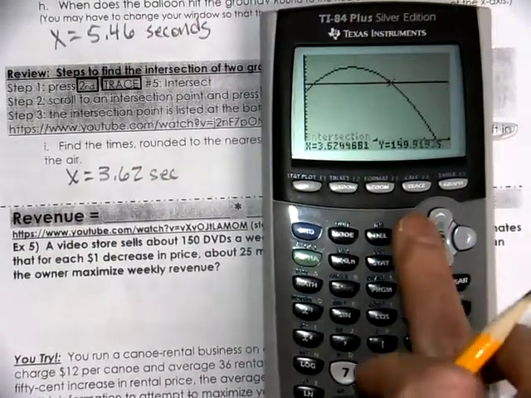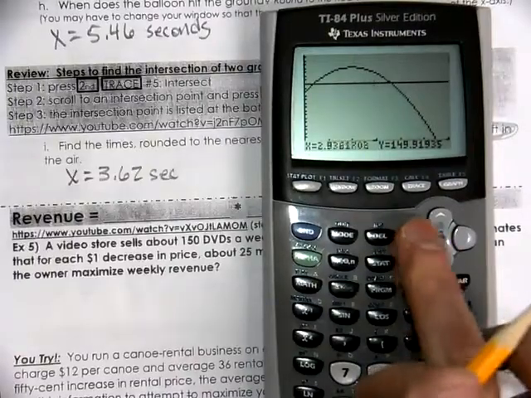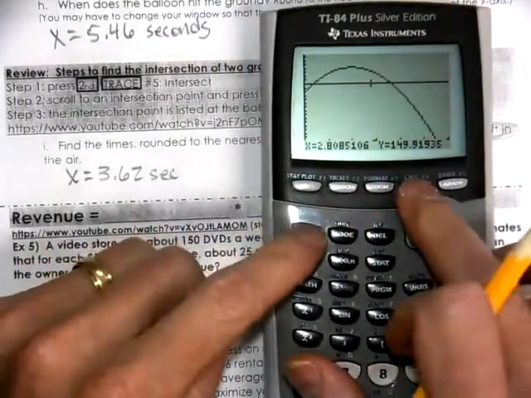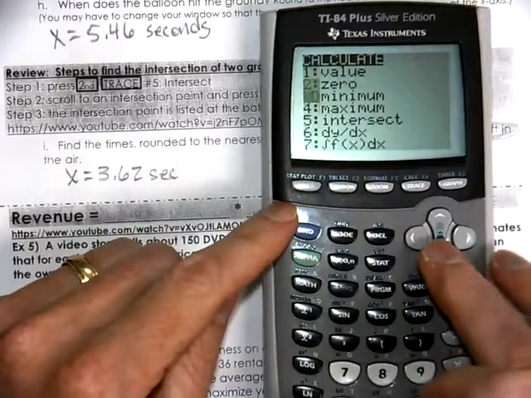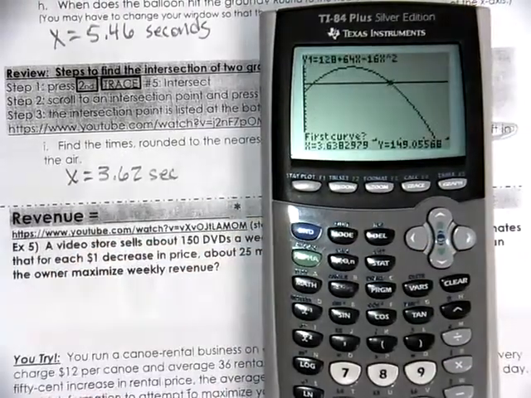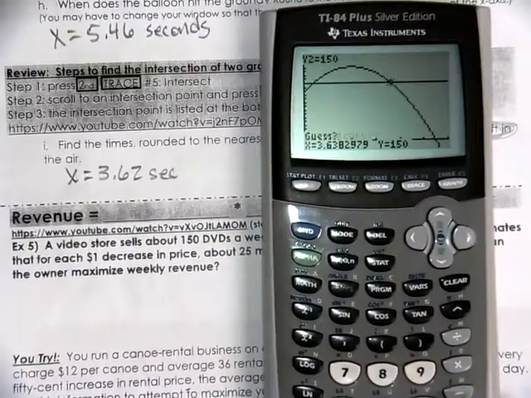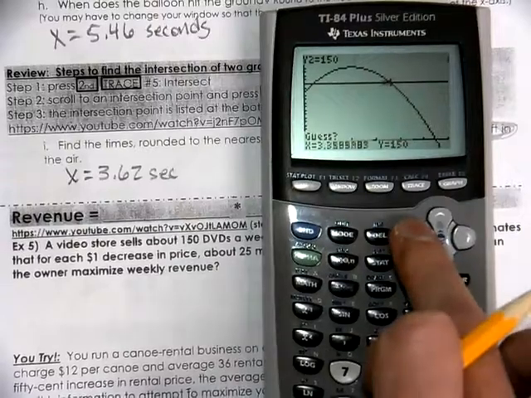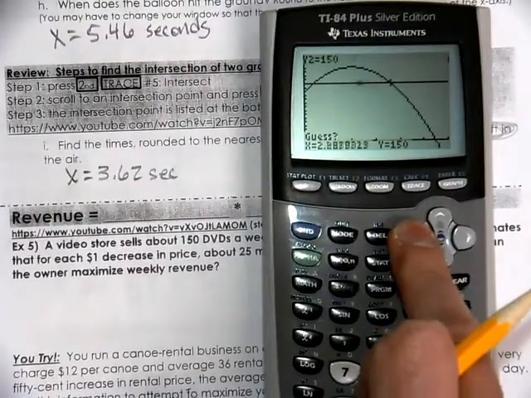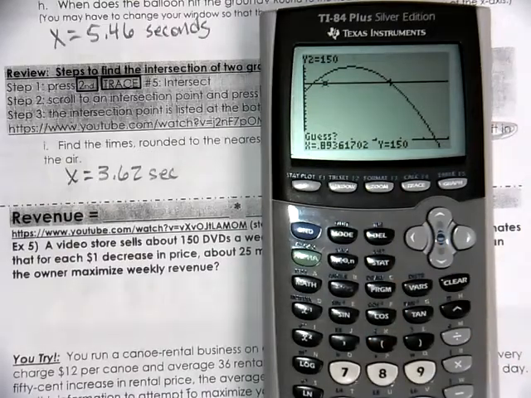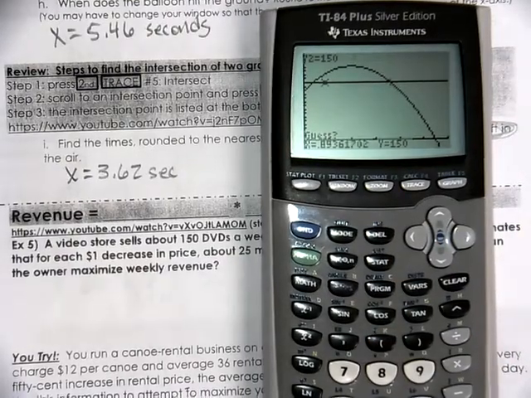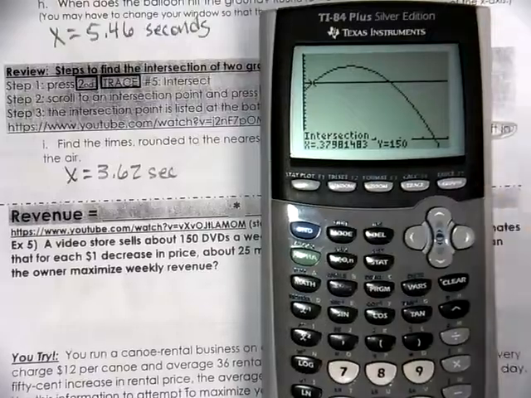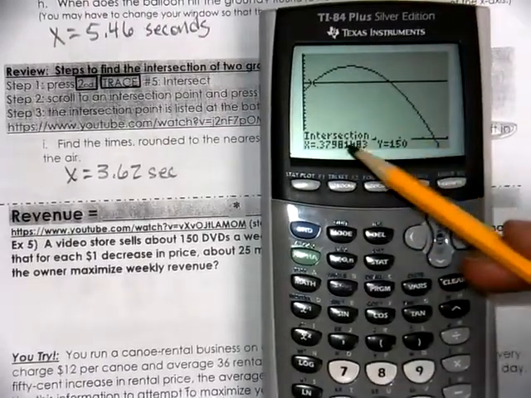Now, I typically like to move my cursor off to the side a little bit. We will do second calc again and go to intersect. It asks us for the first curve and the second curve. Now it's very important for me to scroll all the way to the other side to get closer to the other intersection. So when I tell it to guess there, I actually get that answer.